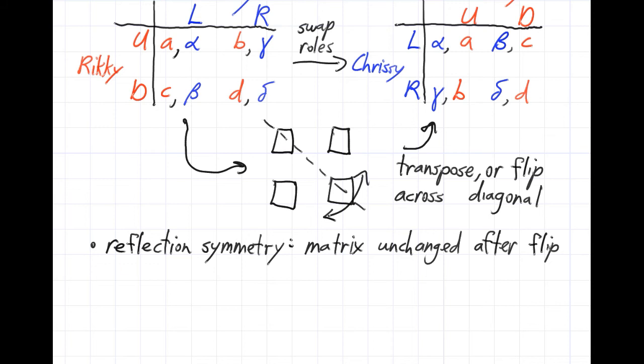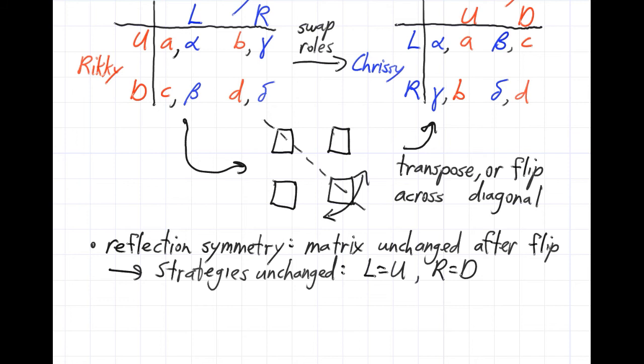That means the strategies need to be the same. So L and U have to be identified with each other, and R and D have to be identified with each other. They have to be the same thing. Or in other words, L is U and the strategy R is the strategy D.